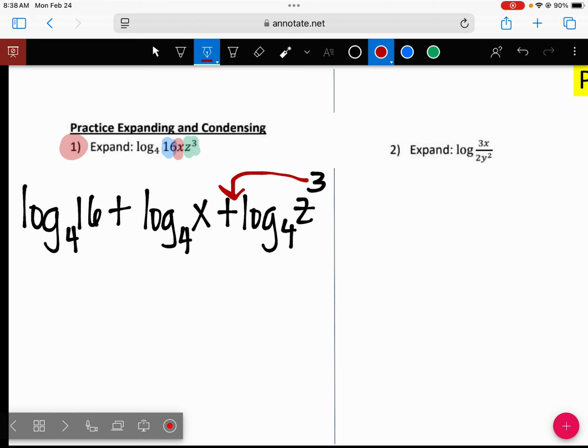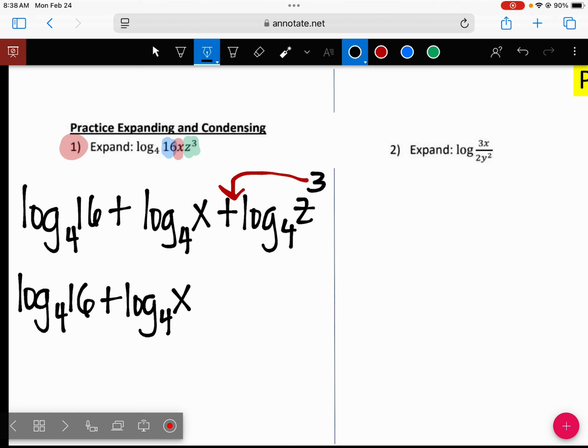Now, if that wasn't there, we'd be done. But we have to move that 3 and drive it and park it right in front. So it would be a log base 4 of 16 plus log base 4 of x plus, and then we have that 3, and that would be a log base 4 of z.